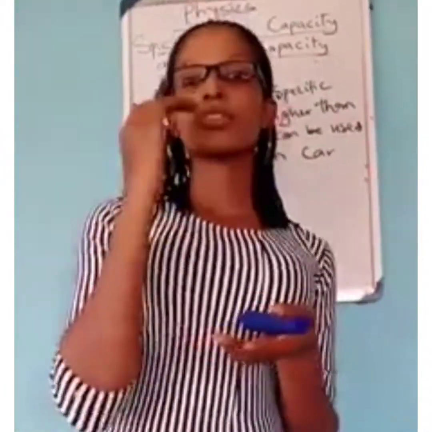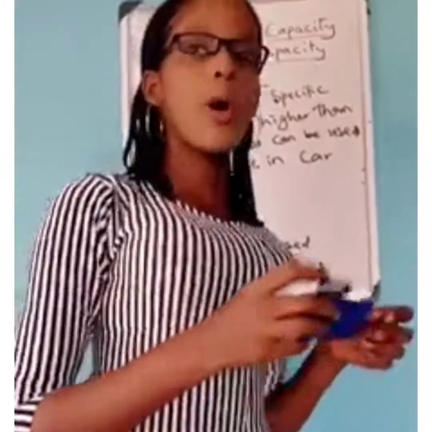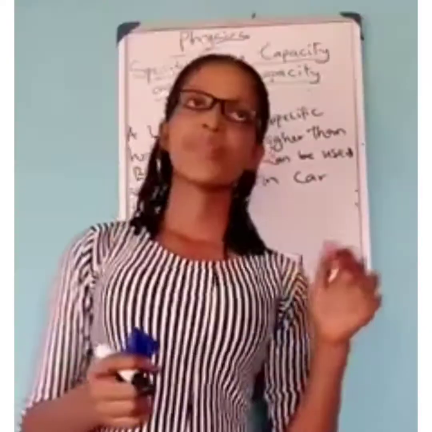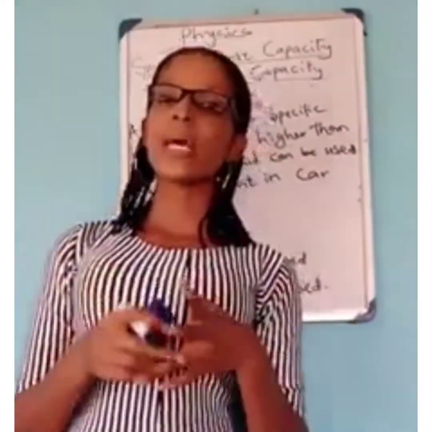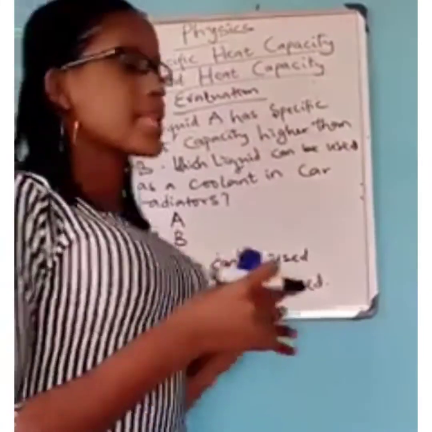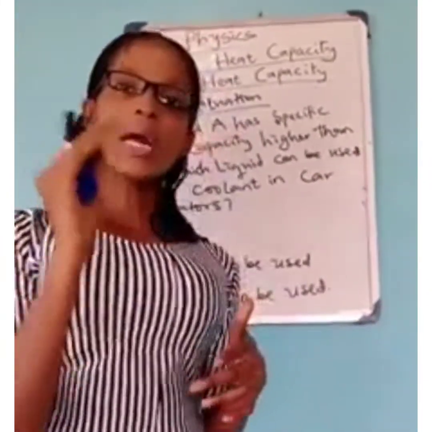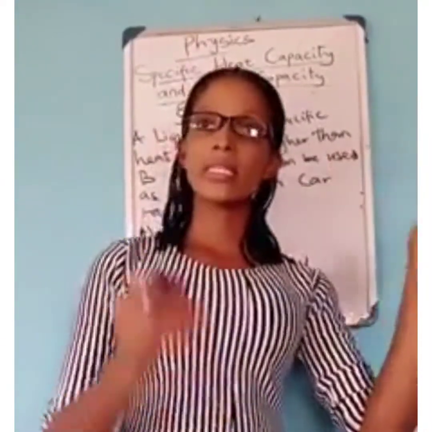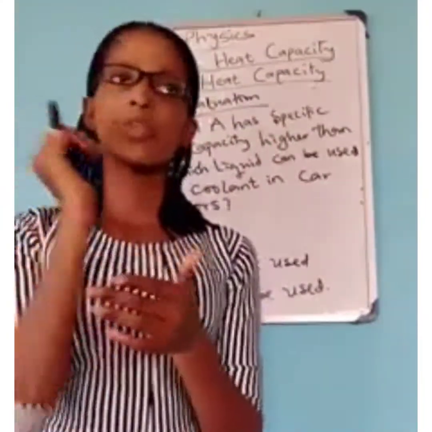So it takes a longer time to heat up water than it takes to heat up oil, because water has a higher specific heat capacity than oil. Also, you have understood that specific heat capacity is not dependent on the mass, since it's just 1 kilogram, that's 1 unit mass, while heat capacity is dependent on the mass. If the mass increases, it means that higher amounts of heat will be needed to raise that particular body.